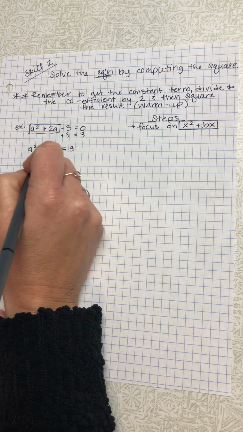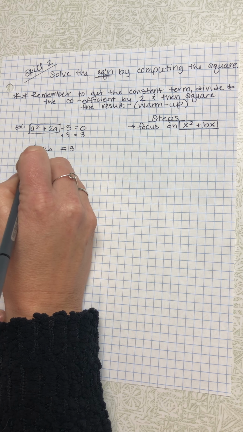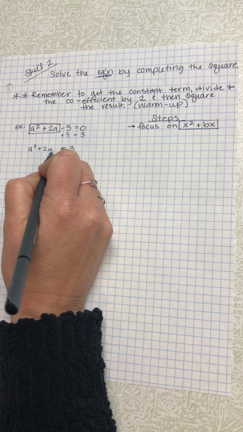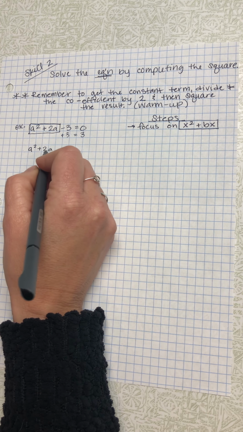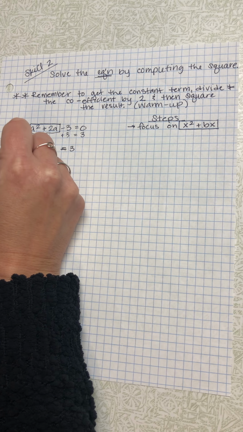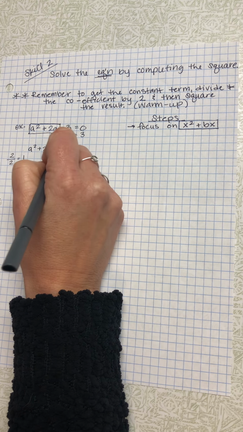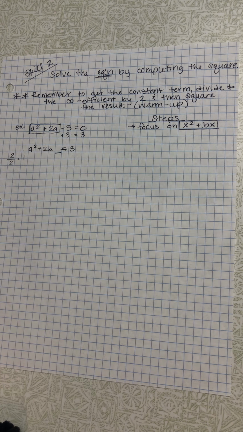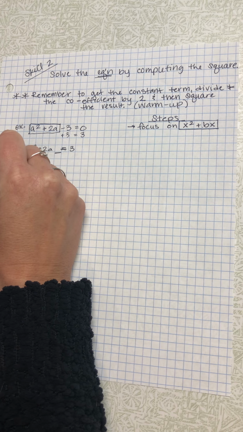Okay? So now I can focus on this middle term, right? It goes a squared plus 2a, and then it continues on. This is the middle, and this is the one that we cut in half. So 2 divided by 2 gives me 1. And then to find out c, I square the answer I get.